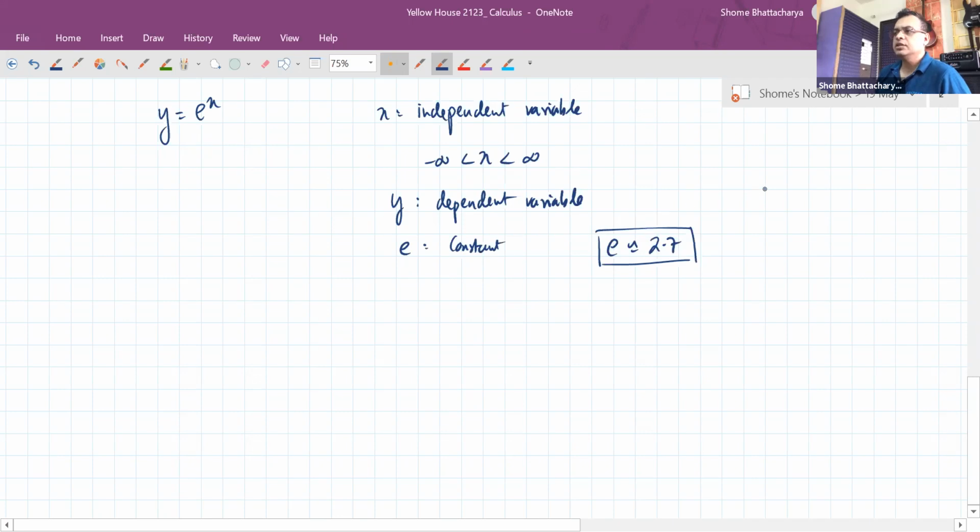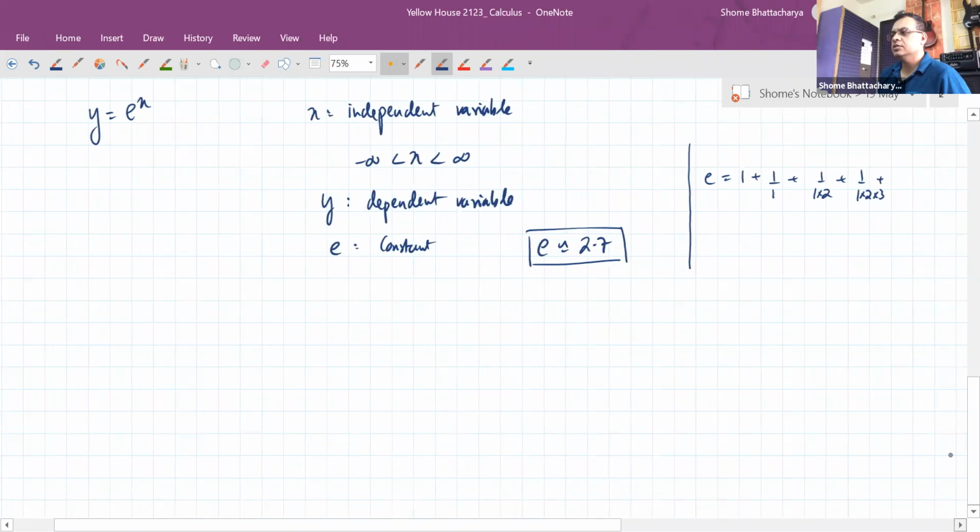In mathematics also, later you'll learn about this exponential number. There are many different approaches to understanding what the exponential number is. For example, exponential number is actually given by a power series like this. It is 1 plus... Okay. So a series like this that goes on. So it's an infinite series actually like this.